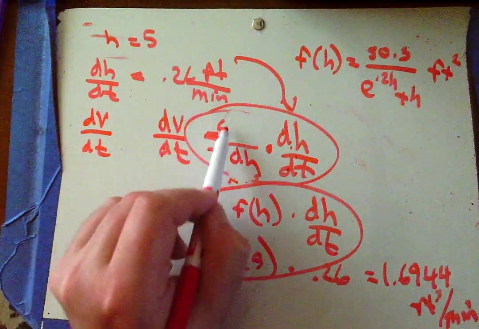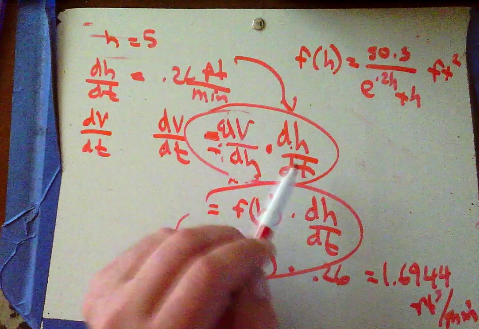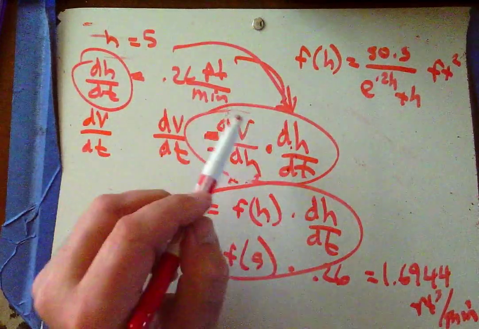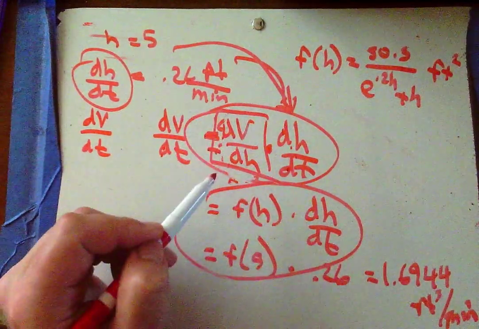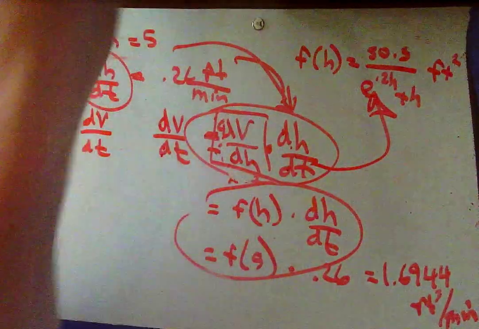And I'm going to have to introduce a dV, so that has to be on the top. And then I have to go about finding these. dh/dt was given to me, but dV/dh I had to think about. That's the change in volume with respect to height, and we determined that that was that f of h function.